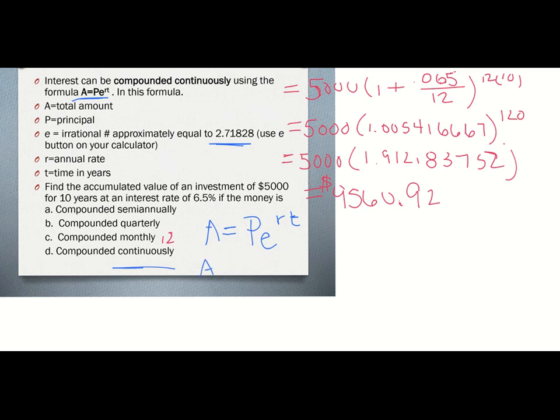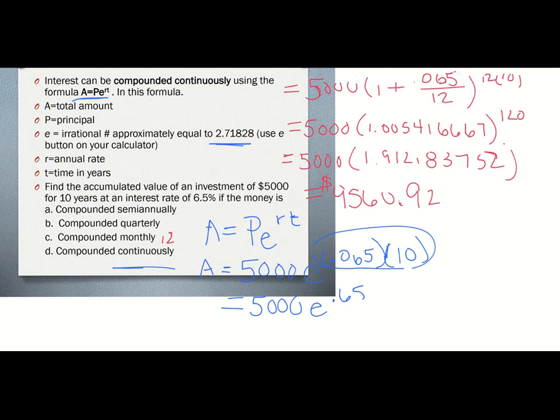So we're going to have A is equal to 5,000, because that's our principal, times E raised to, and then our power is going to be our rate, so 0.065, and our time is still 10 years. So really what we're going to end up with is 5,000 times E to the, when you multiply this to get your power, it's going to be the 0.65 power.